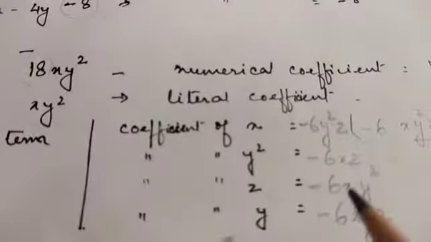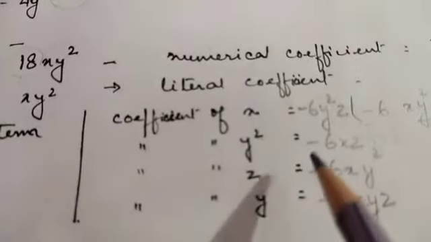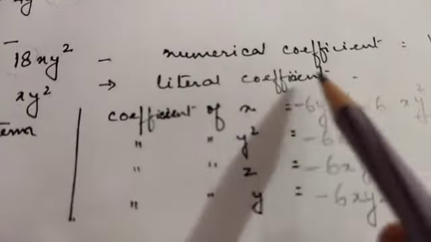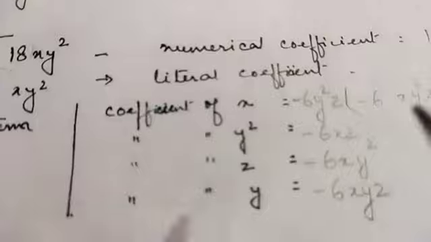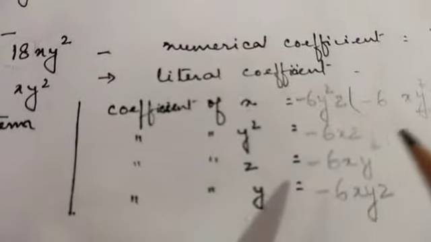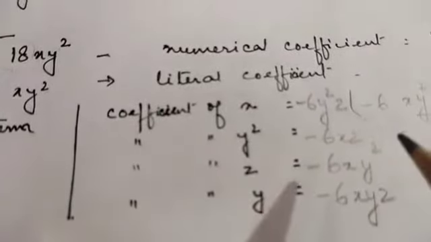So what is coefficient? When we write the factors of a term, any factor of a term is called the coefficient of the product of all the remaining factors.